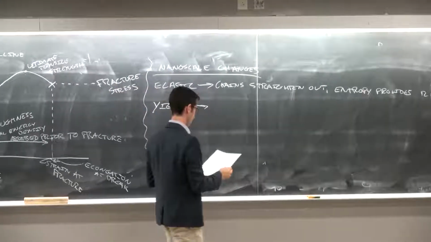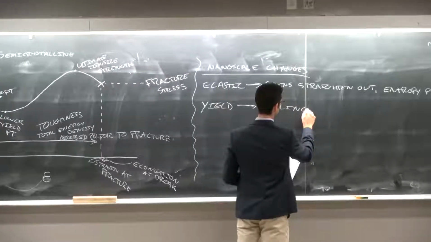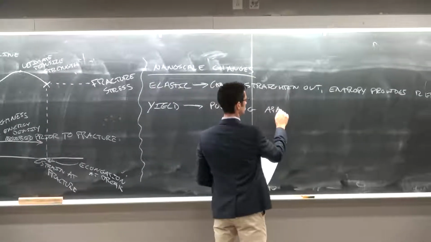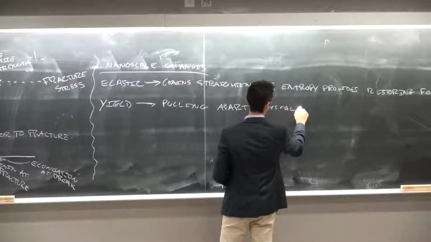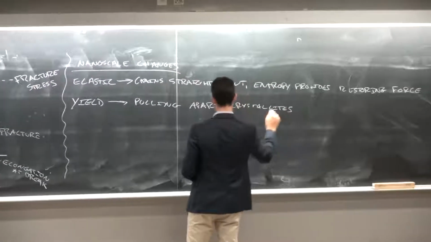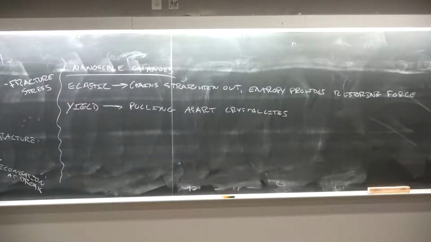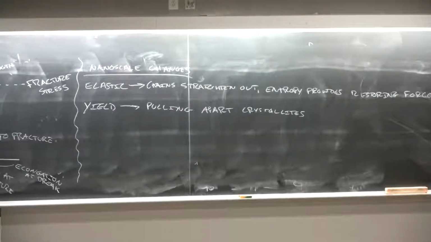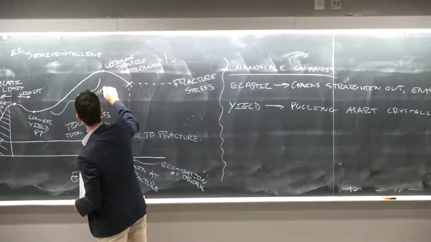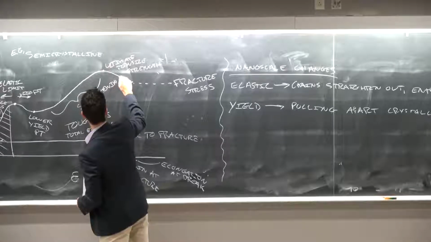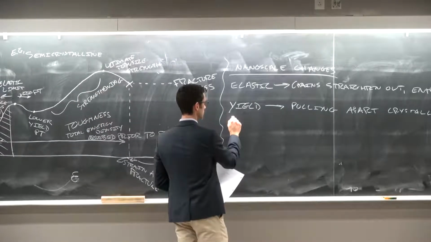At yield, you are pulling apart the crystallites. This regime here is strengthening, and strengthening occurs by realignment of chains.